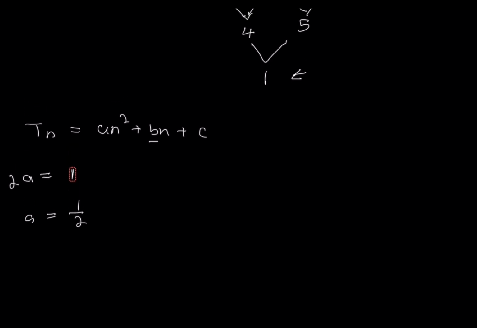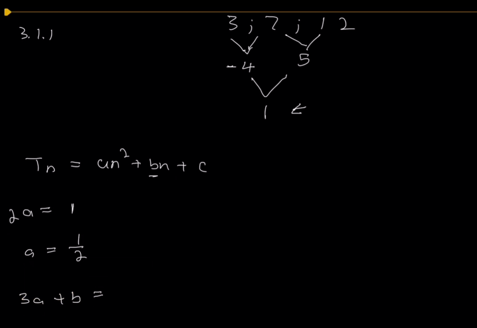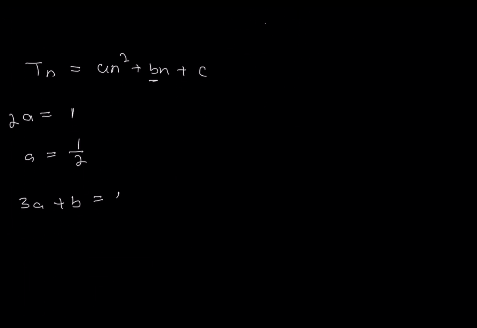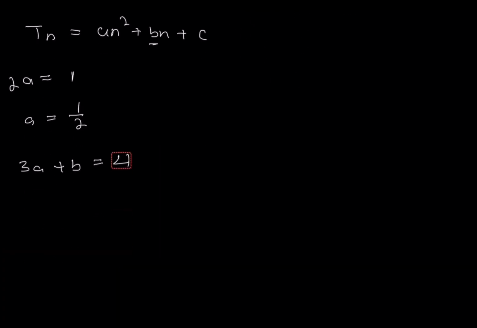And to find b, the equation that we are going to use is 3a plus b equals the first difference, which is 4. Don't be mistaken, this is 4. Let us substitute our a, which is 1 over 2, plus b equals 4, and we know that our b will be 5 over 2.